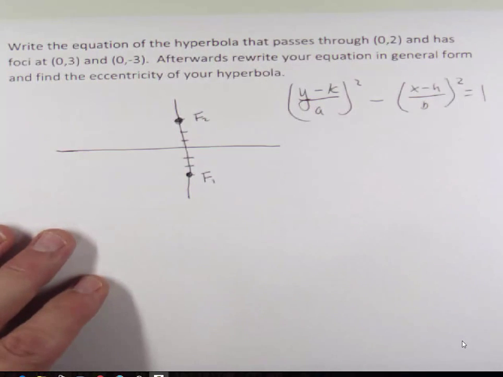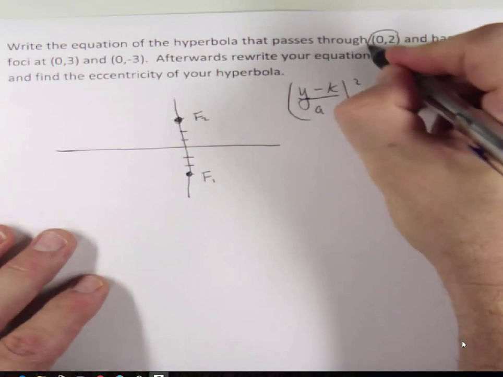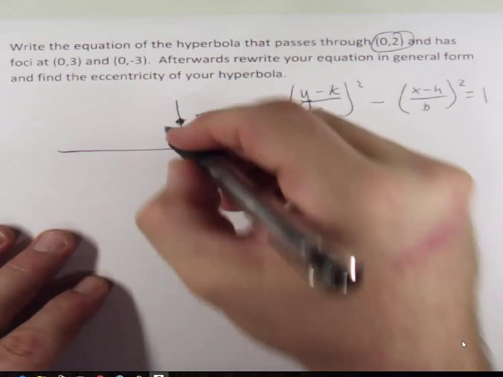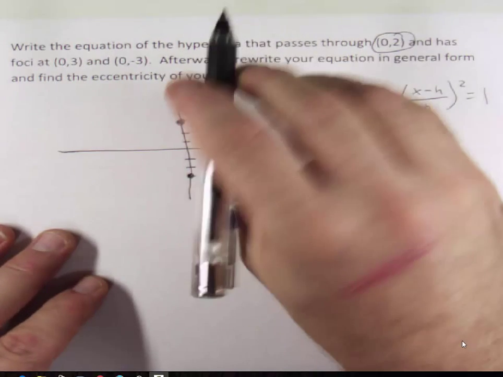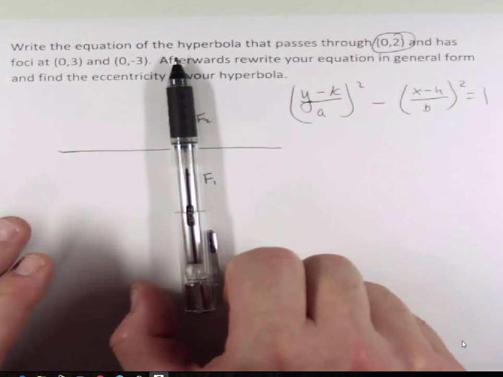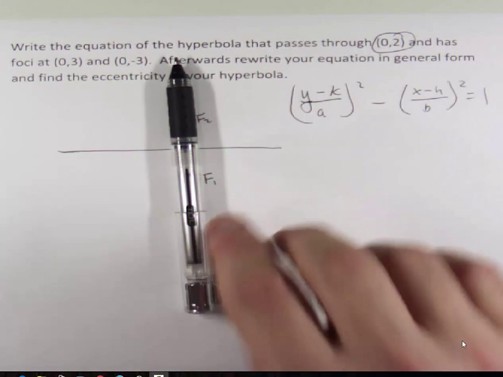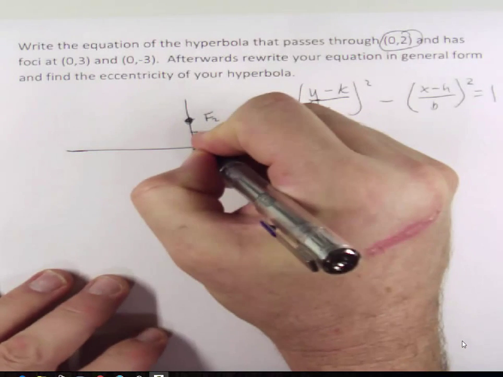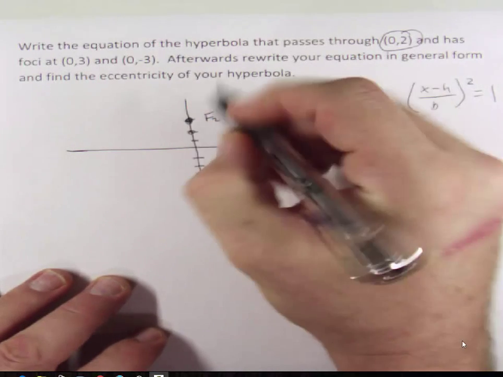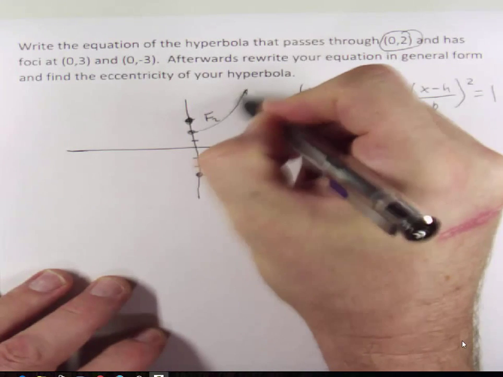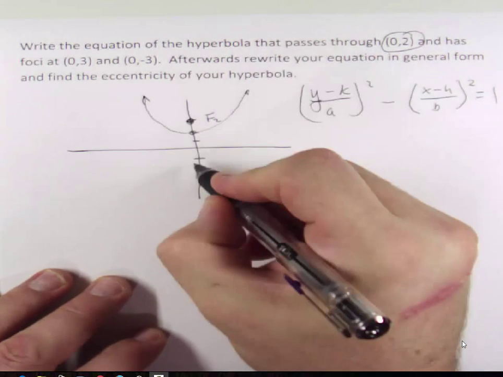Now, this gives you a lot, because if you look at the line that goes through these two points, that's going to be an axis of symmetry, and it's also going to contain the transverse axis. As soon as I tell you that (0, 2) is a point on that curve, I've told you something. That's a vertex, or not a vertex, but a vertice.